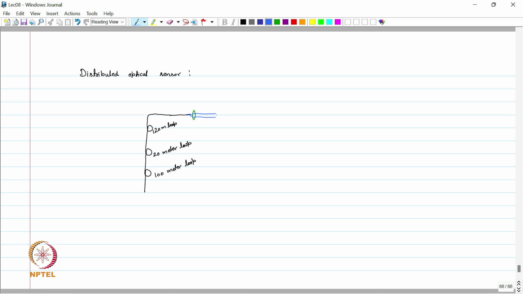We have another lens which is coupling this light from the laser source. So the laser gives you very high intensity of light which goes into this lens, and this intense light is coupled to this optical fiber which is very long in length.